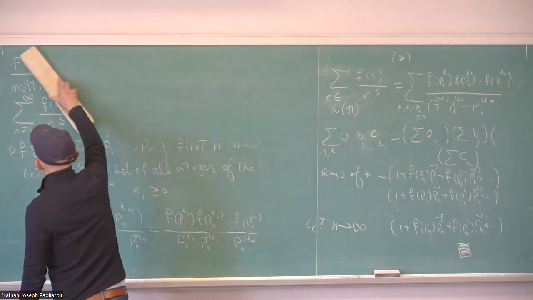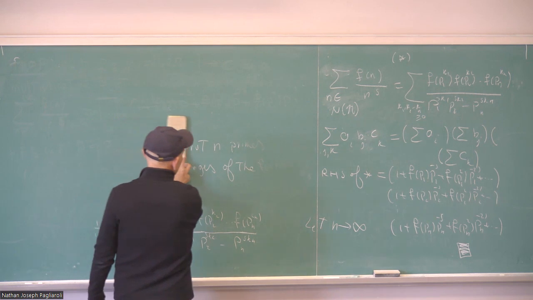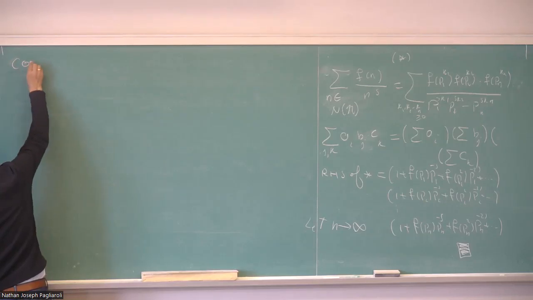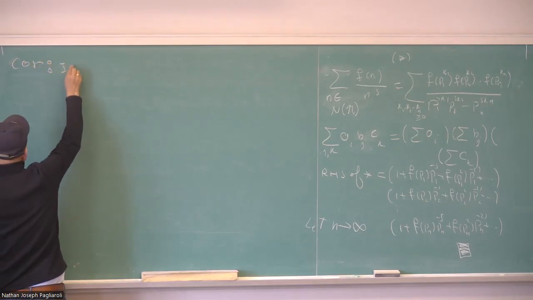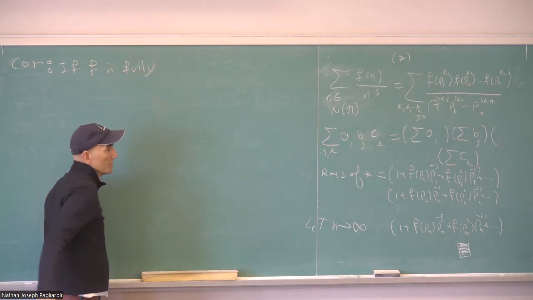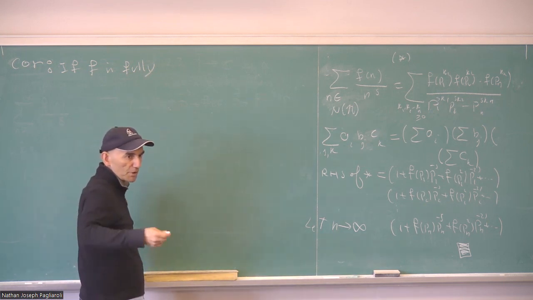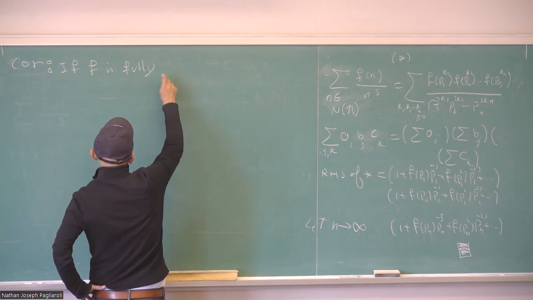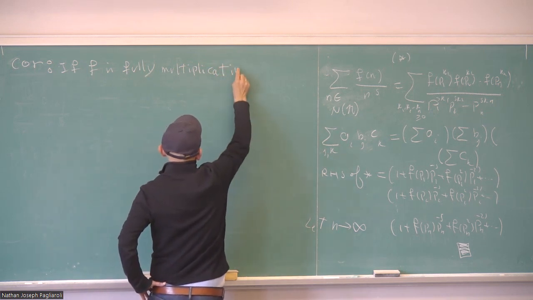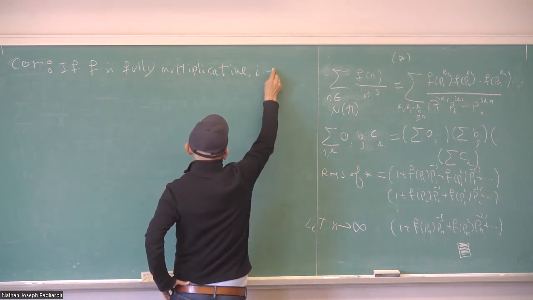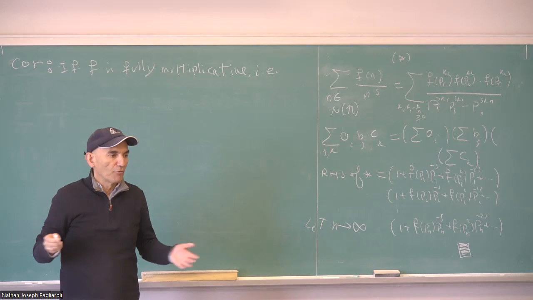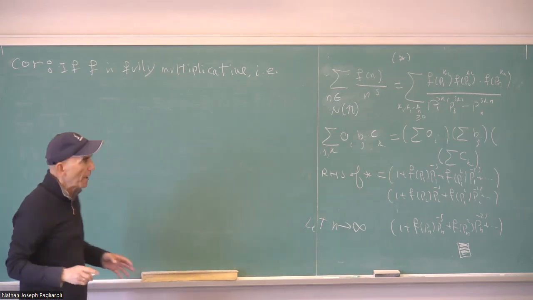So a corollary of this result is the following. If f is fully multiplicative, I call it fully multiplicative, and I believe Serre calls it strictly multiplicative, they have different names but that's okay. You remember what fully multiplicative means? It means f of mn is equal to f of m times f of n for all m and n, without any restrictions on m and n.